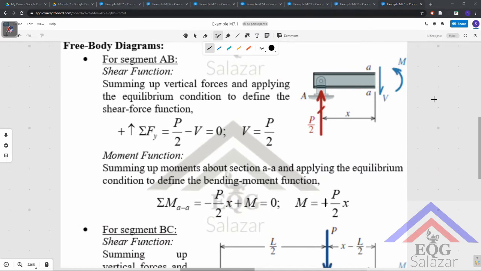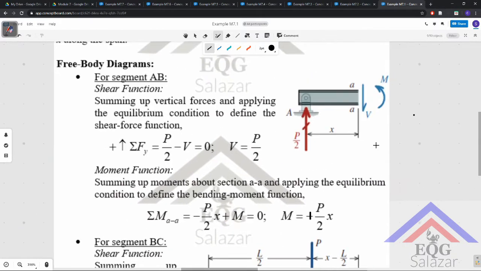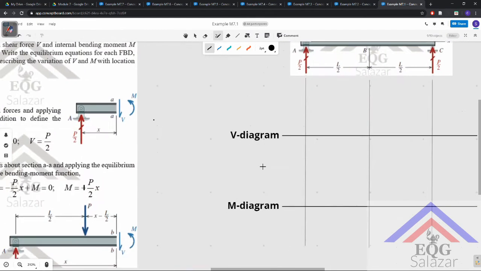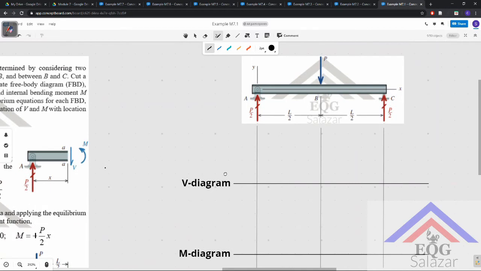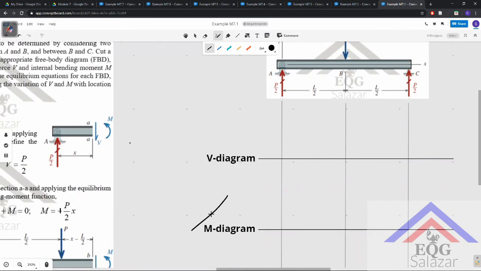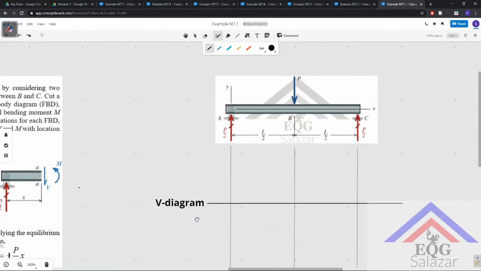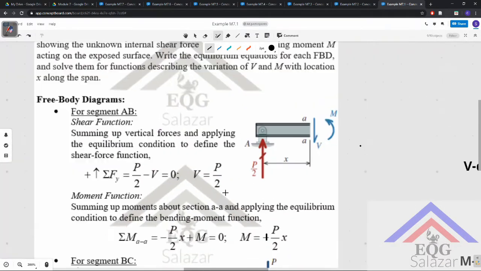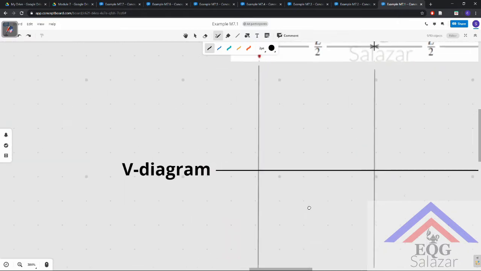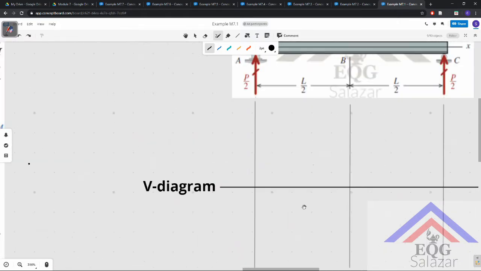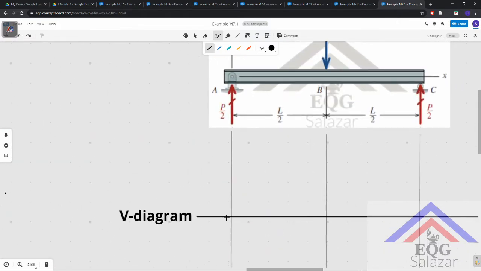All right, then moving on. That means since we have the shear function and the moment function, we can then draw out the shear diagram only for segment AB and the moment diagram as well. So here we have P over 2, so that's positive, and that means from here to here, that is P over 2.